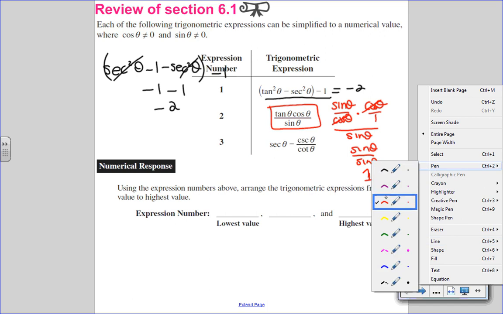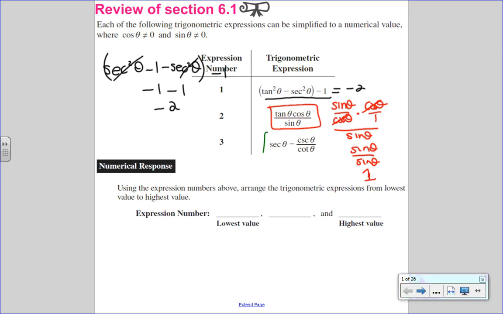Okay, and then let's look at our last one here: secant theta minus cosecant theta over cotan theta. I'm just going to write this in terms of sines and cosines. Secant theta is 1 over cos theta, minus cosecant is 1 over sine, and that will be over cotan, which is cos over sine.